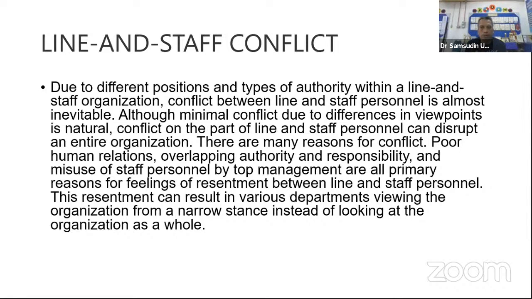Another situation is because of overlapping authority. For example, we have a special unit for quality, a quality authority. We have a quality unit, and also we have a quality unit in our department, under the line structure. We also have a person in charge of quality. So it looks like there is overlapping authority.